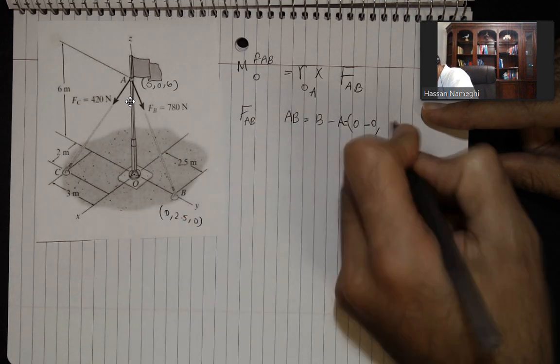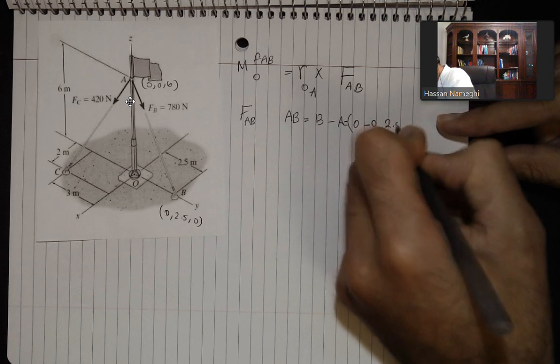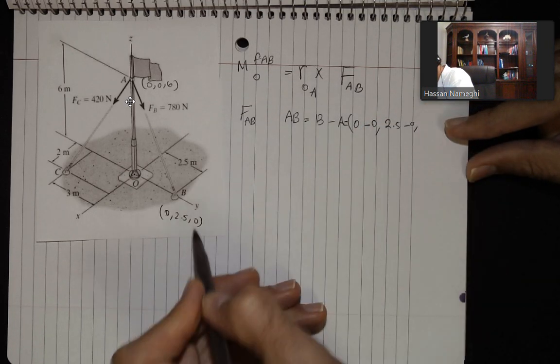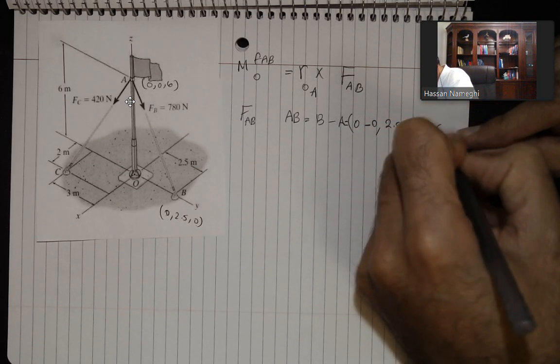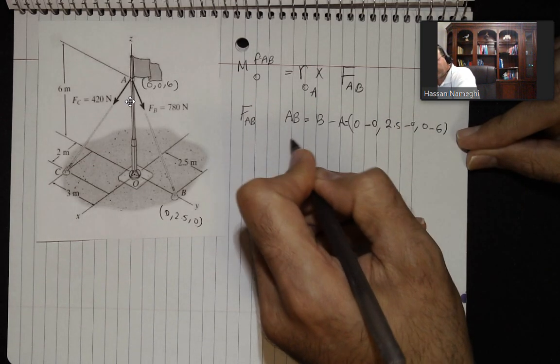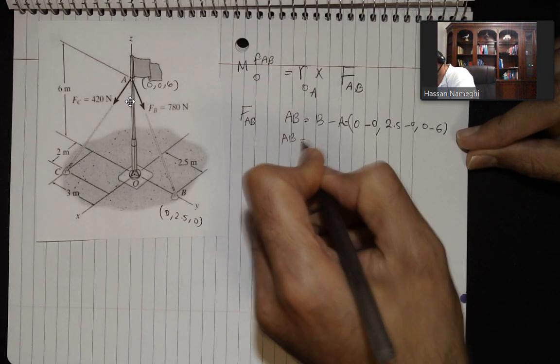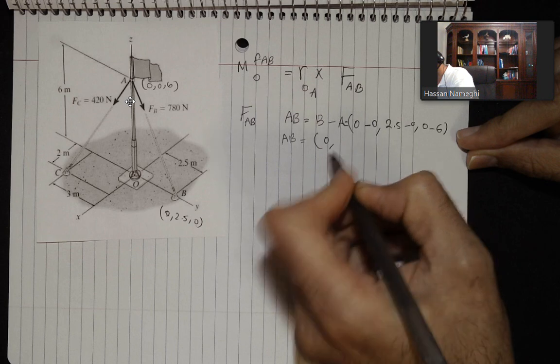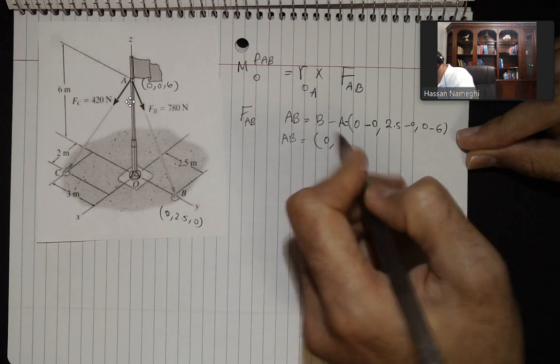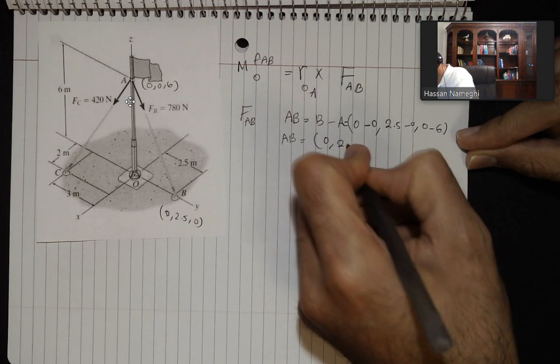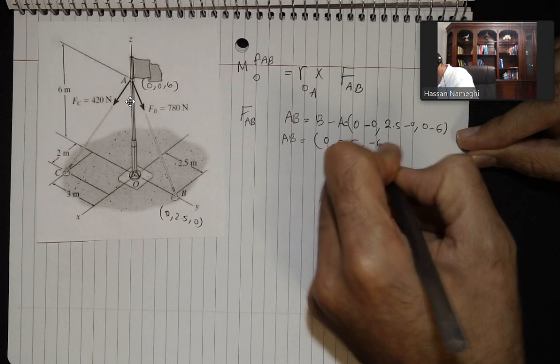Then I have 2.5 minus 0. And lastly, I have 0 minus 6. So I'm going to get AB equal to 0, and then 2.5 and minus 6.